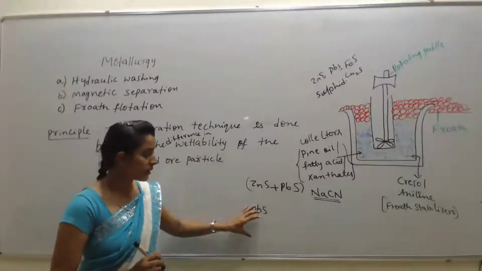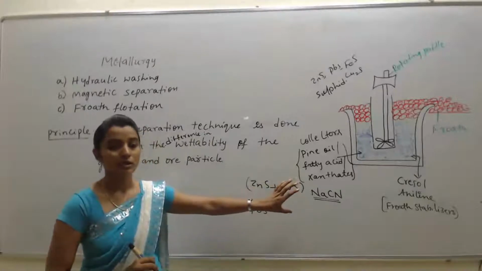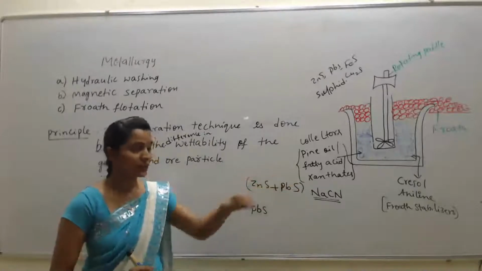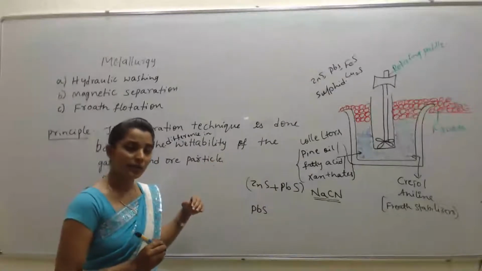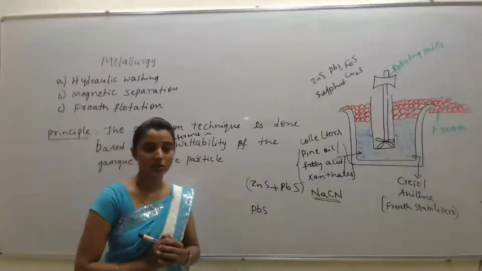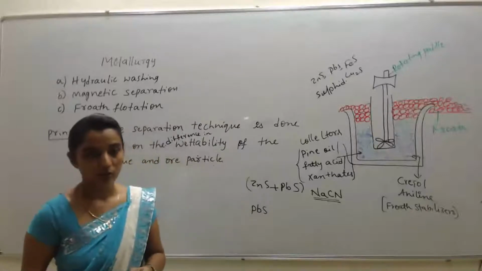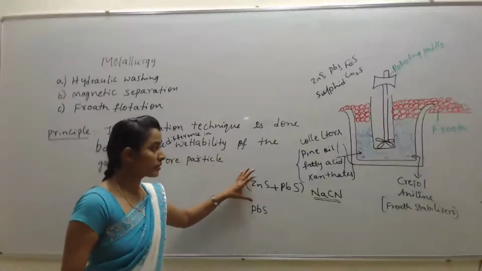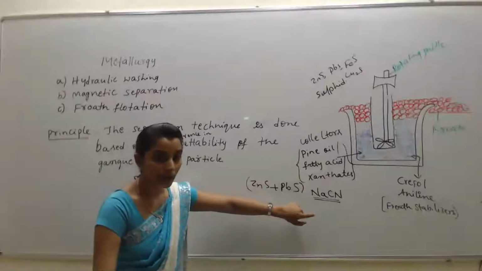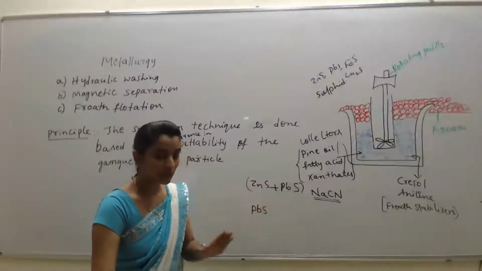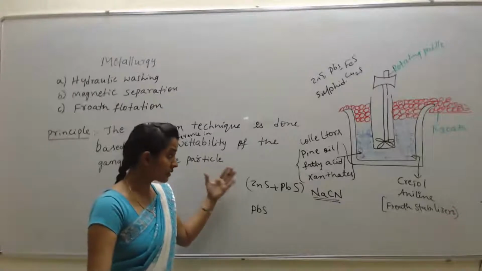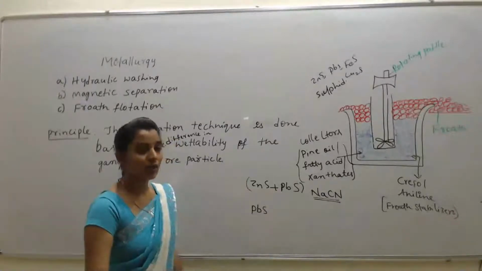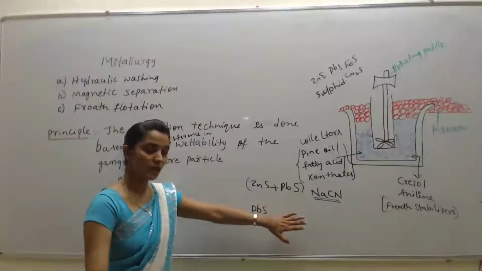So here PbS remains in the solution as a suspension, only ZnS forms a froth and it is taken out and separated. Then the remainder is again subjected to the process for PbS, by maintaining the concentration of the collectors or by adding depressants. Depressants means which suppress the formation of the froth of any one of the ores. Okay, so this is the example.